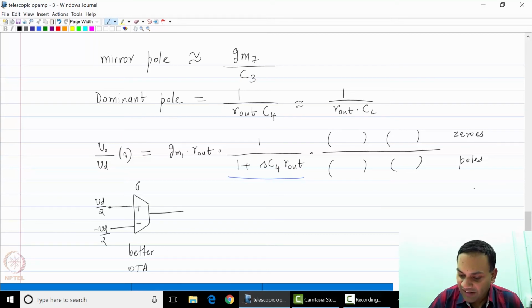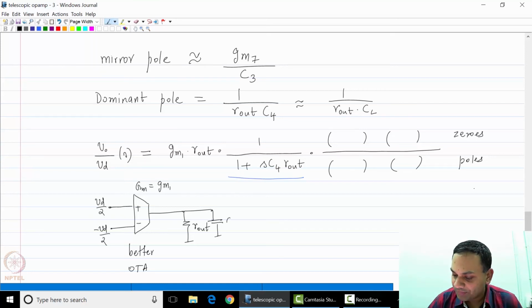Its transconductance is the transconductance of the input pair, and the dominant impedance is just the output resistance in parallel with the output capacitance CL.